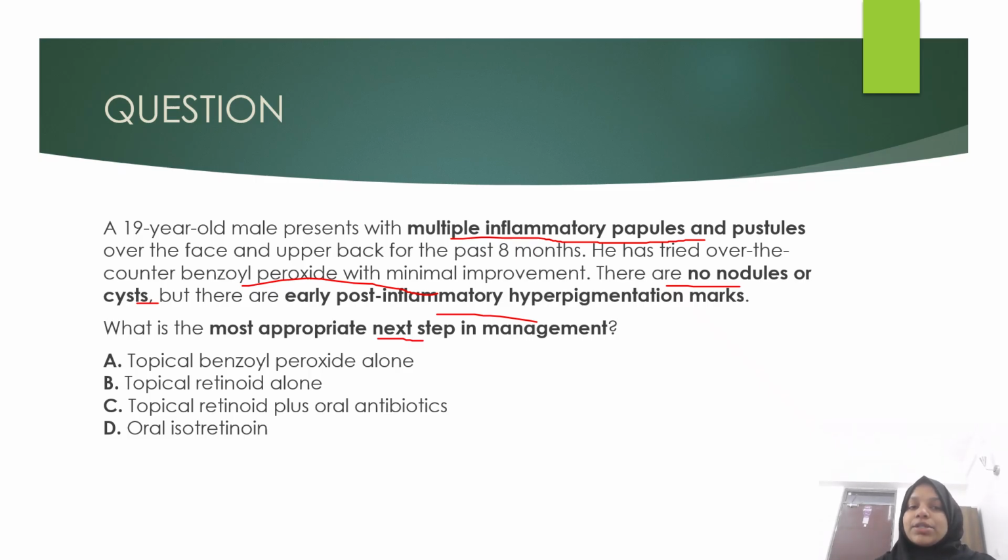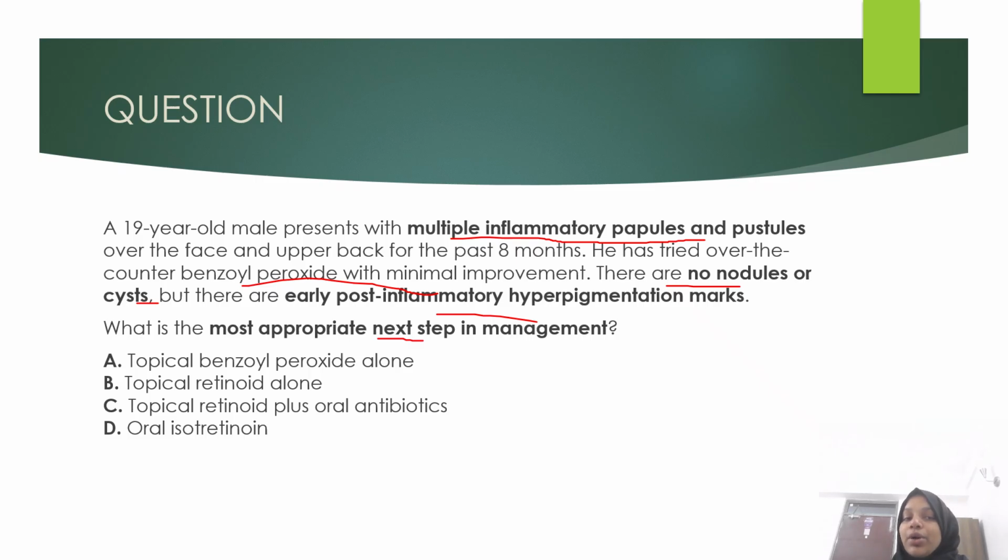But if it is persistent, if it's resistant to benzoyl peroxide and not improving, you may have to add oral antibiotics. Now, if there are many nodular cystic changes, then it's very severe acne. That means you would need oral antibiotics along with oral vitamin A, oral isotretinoin.